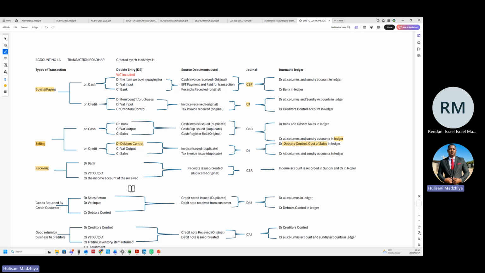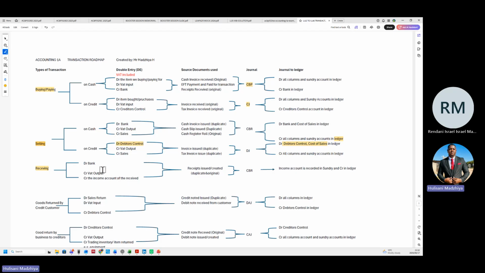If you receive, for example, rent income, because the cash book receipts has no column for rent income, you go to the sundry column, which I will show you later on. You record in this sundry column the account: here I received rent income. If you received money from services rendered, you will record it as services rendered.